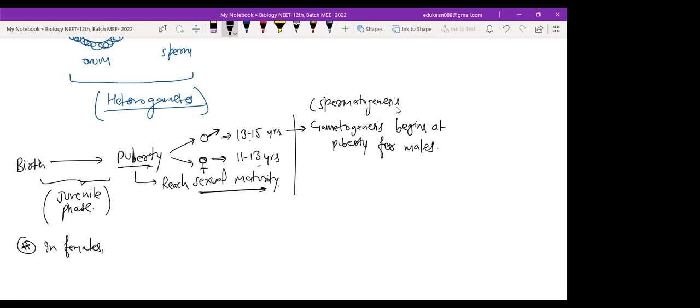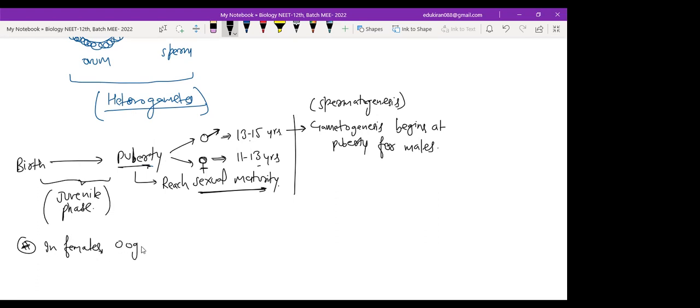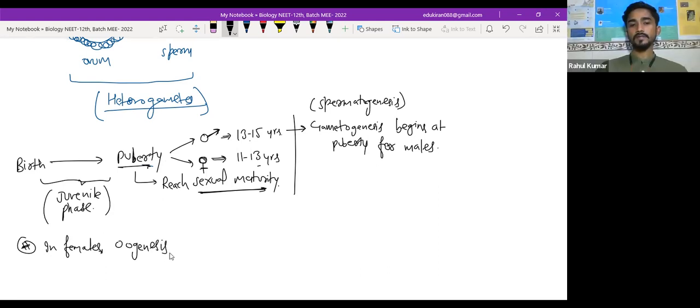Yes, perfect. And what is the gametogenesis for females known as? Oogenesis. So in females, oogenesis begins during the embryonic stage, also known as fetal stage.